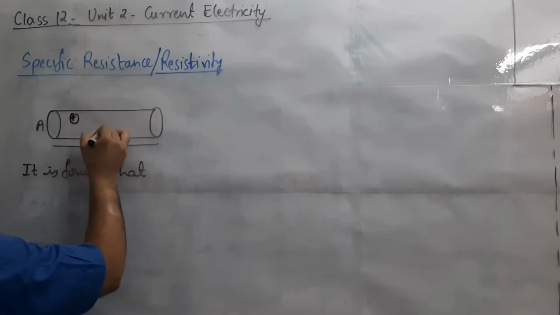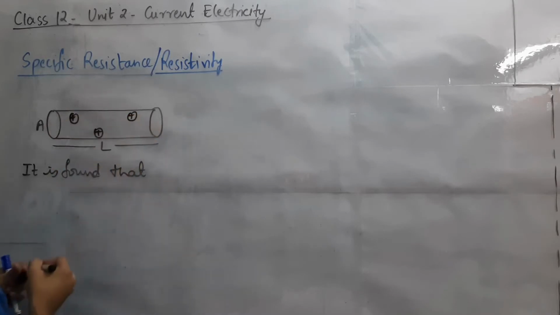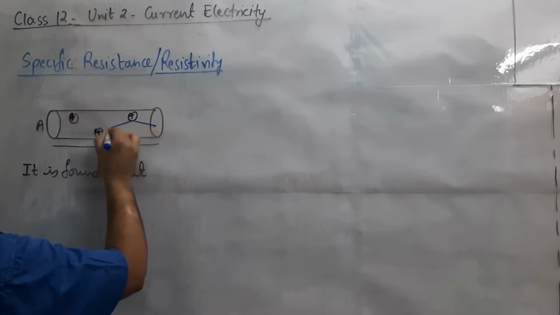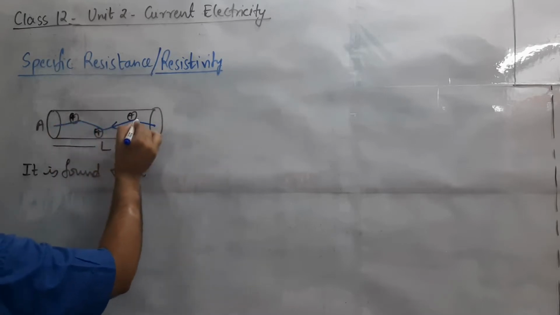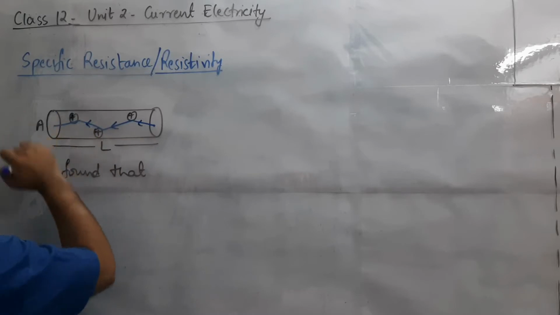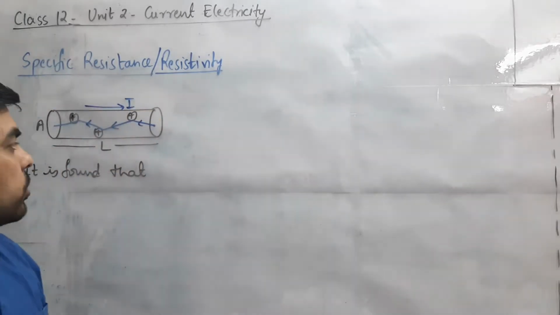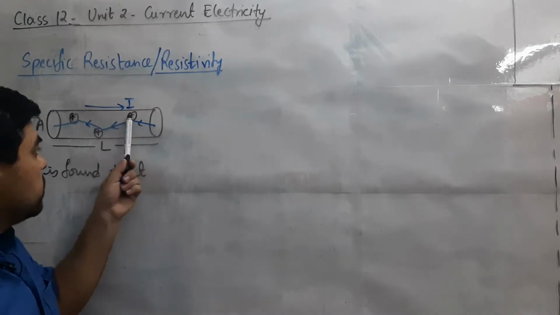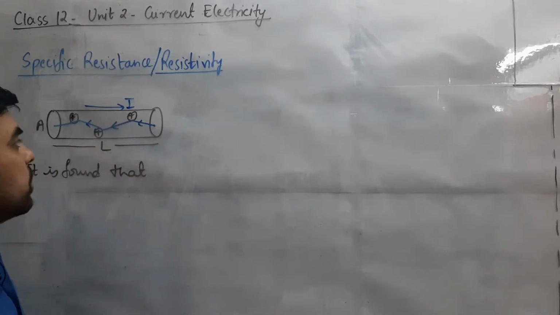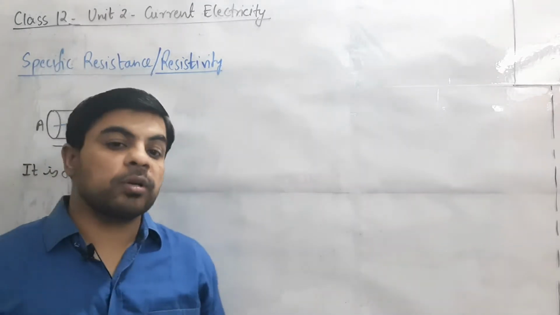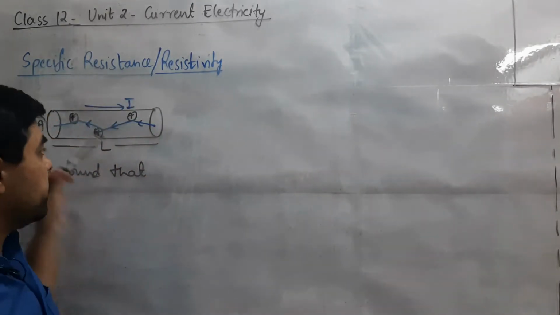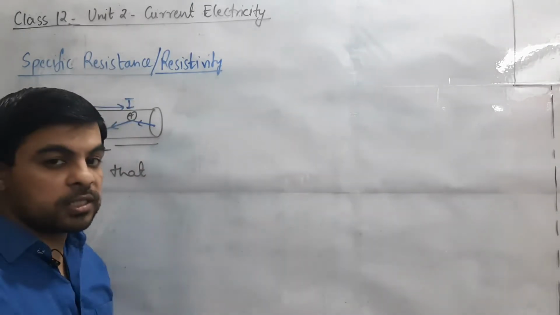According to the concept, we all know that these positive ions will cause collision of electrons, and with the collision, electrons pass through the conductor to make electric current in a particular direction. Now these collisions cause opposition to the flow of electrons, or opposition to the flow of electric current through the conductor, and that causes resistance.